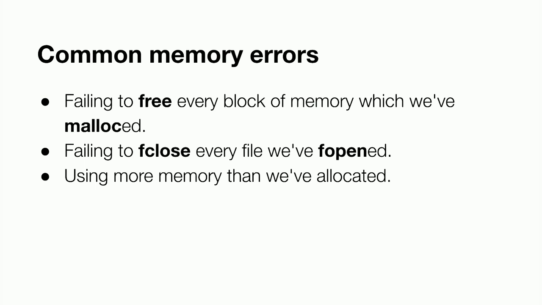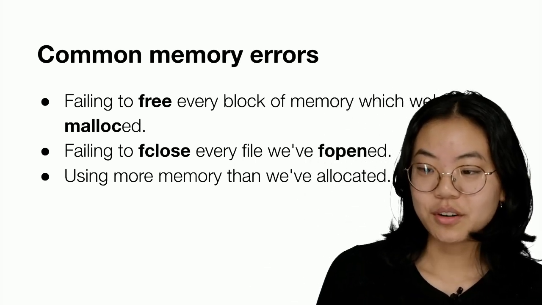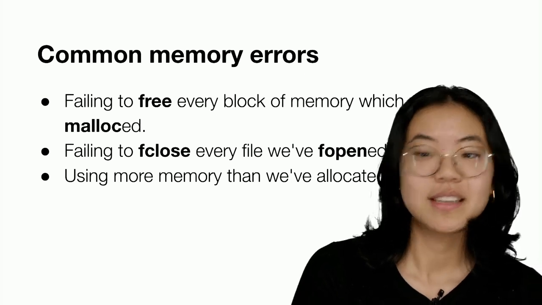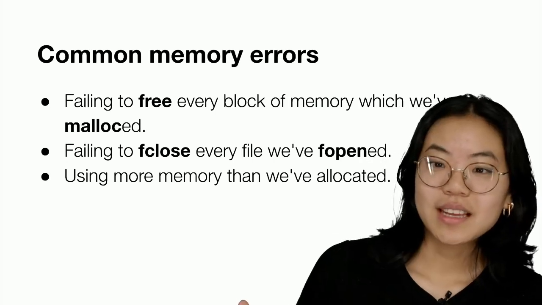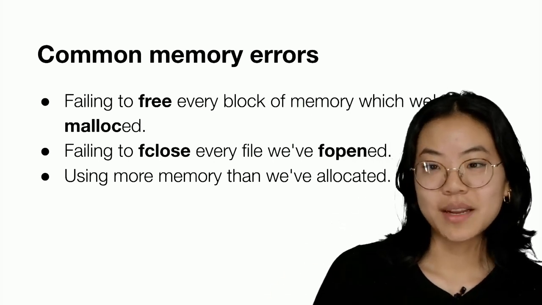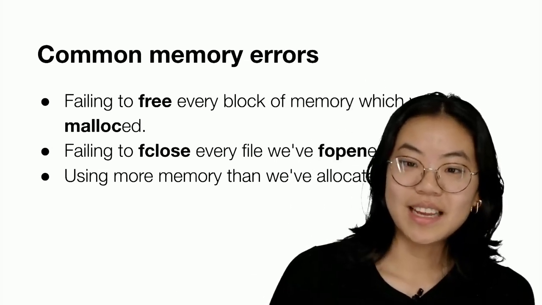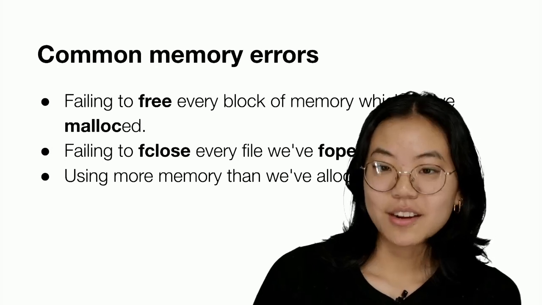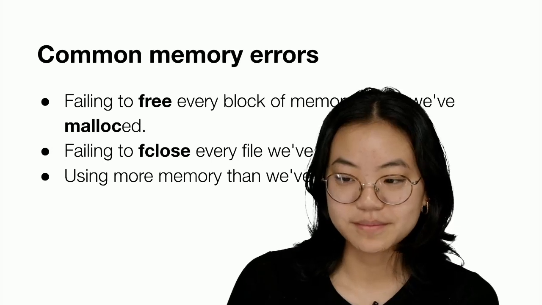And also using more memory than we've allocated. This might be an issue you've already seen working with arrays. If you have an array of 5 elements and you try to access the array element at the 5th index or the 6th index, that doesn't exist, and that is going to cause an error because you don't have access to that piece of memory.